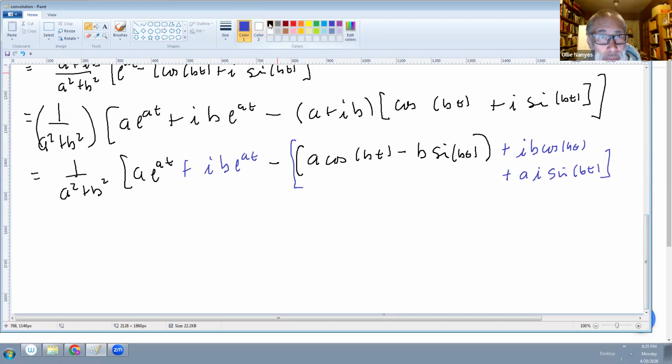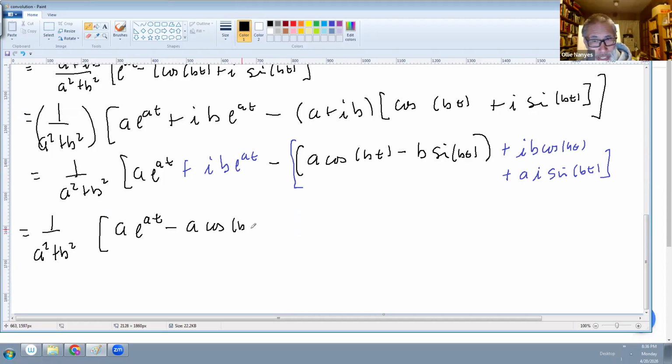So let's look at the real parts. And everything is multiplied by this. So we have a e to the at minus a cosine bt. Now I have to be careful here when I get this multiplication. i times i is -1.